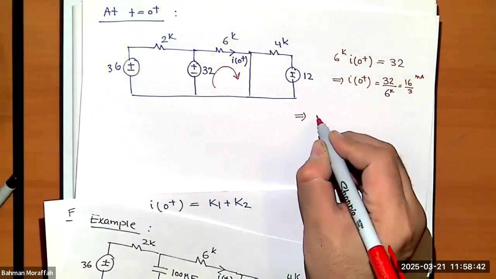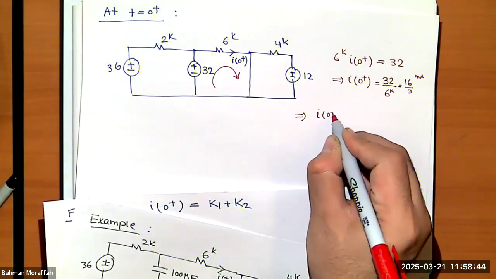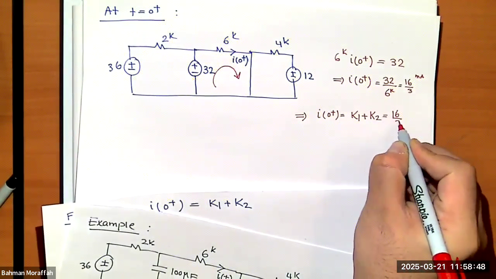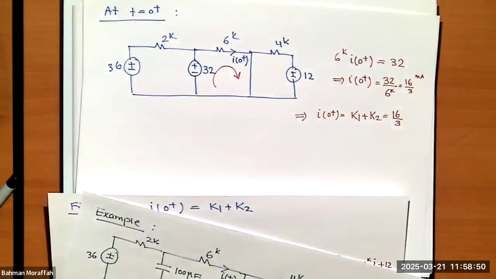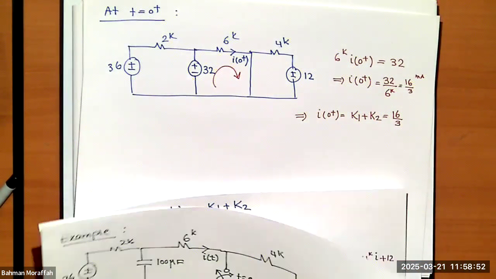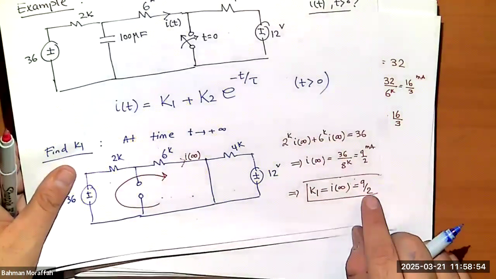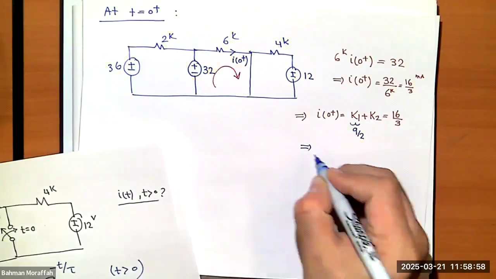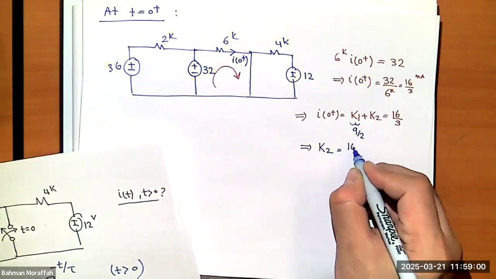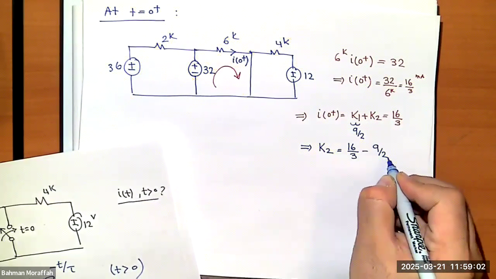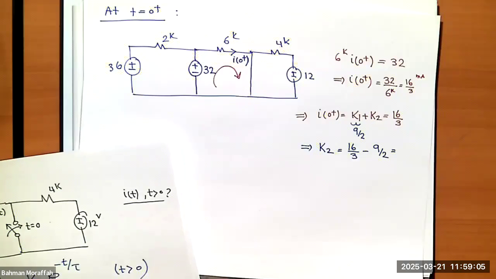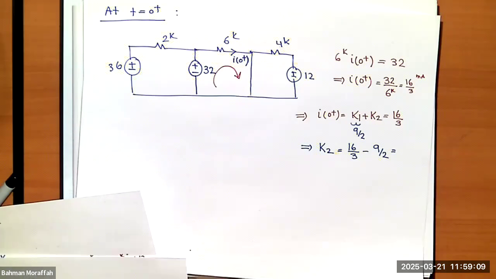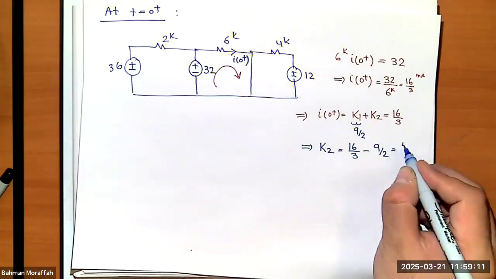Therefore, I know K1 plus K2 is 16 over 3. We already found K1. K1 is 9 over 2. Therefore, we know K2 is 16 over 3 minus 9 over 2. The common denominator is 6, so it would be 5 over 6.